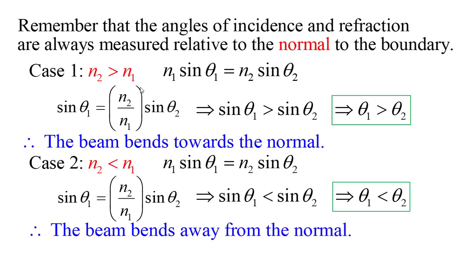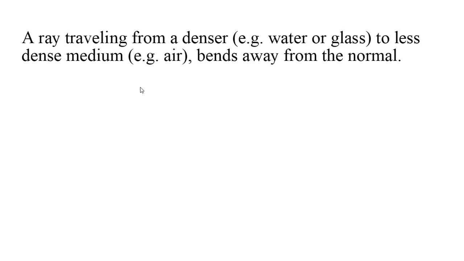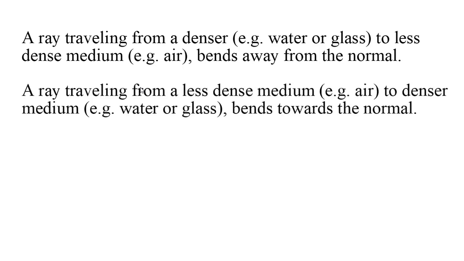So the beam bends away from the normal whenever n2 is less than n1. A ray traveling from a denser medium, for example water or glass, to a less dense medium like air, bends away from the normal. A ray traveling from a less dense medium like air to a denser medium like water or glass bends towards the normal.